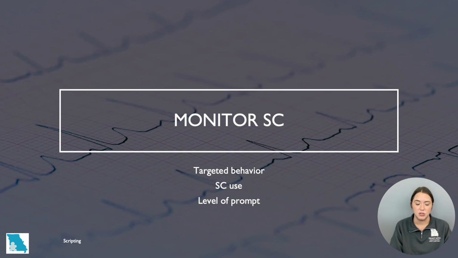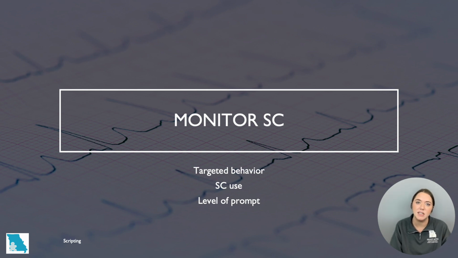When monitoring the script, it's important that, yes, we take data on the script use itself. That might be where we start out, of whether the student is able to successfully utilize the script to make appropriate social responses. However, it's important to keep in mind that we are targeting a certain skill or behavior through script intervention.